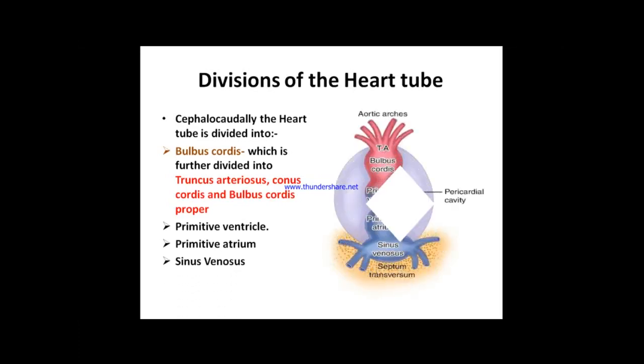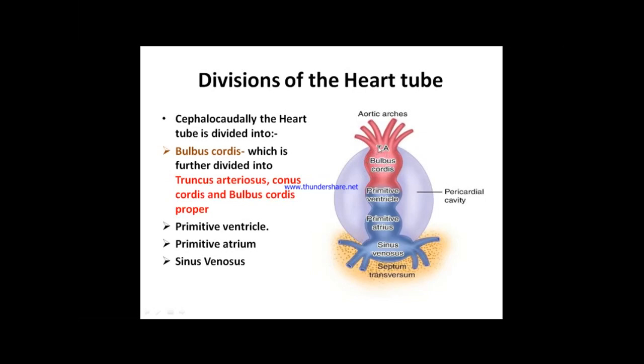So in this diagram we will see the different regions. This is the heart tube which is formed as a result of fusion of the two individual heart tubes, cephalocaudally, that is from above downwards. It is divided first of all into bulbus cordis, then we have the primitive ventricle, then the primitive atrium, then the sinus venosus. Now this bulbus cordis, the uppermost part, is further divided into three parts.